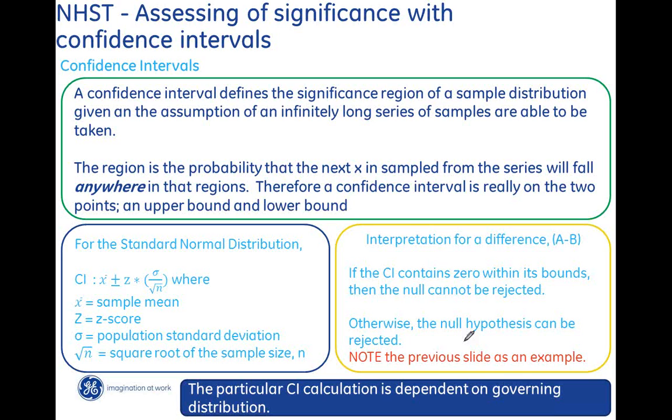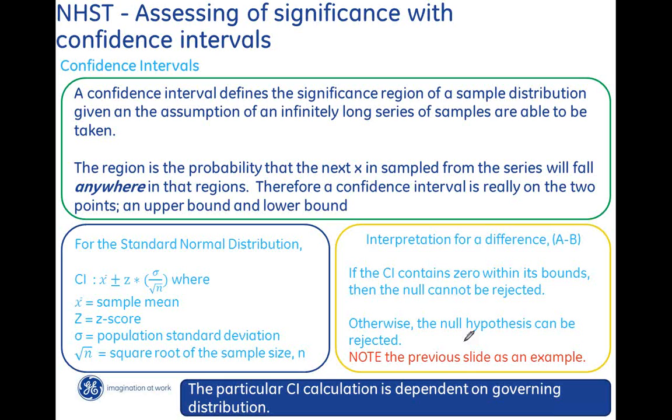And it is sometimes interpreted incorrectly as giving a probability, like the probability of x being within this region is, say, 50% of the time. That you cannot get. You can't get that out of a confidence interval at all.